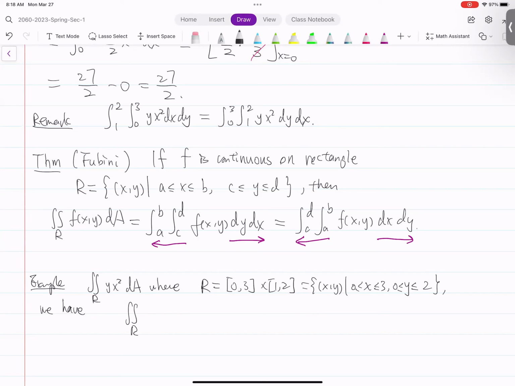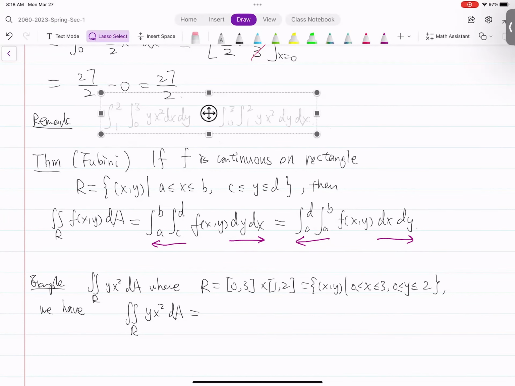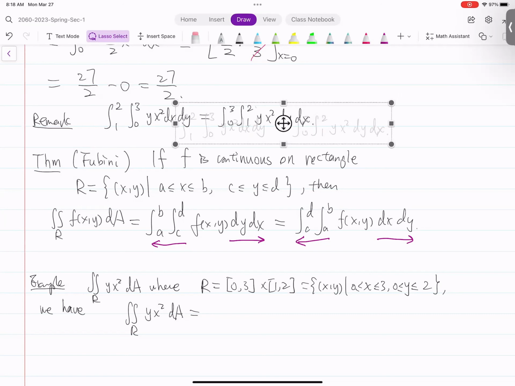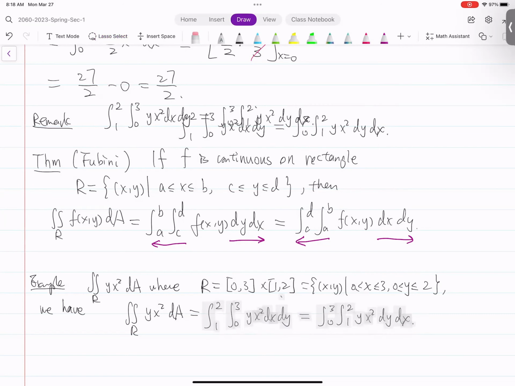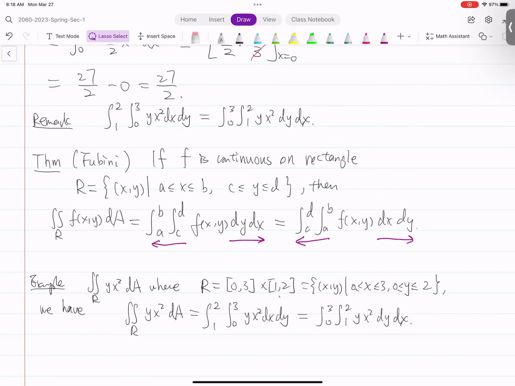And we have the double integral of this function y squared over the region R. That's going to be exactly calculated by one of these.